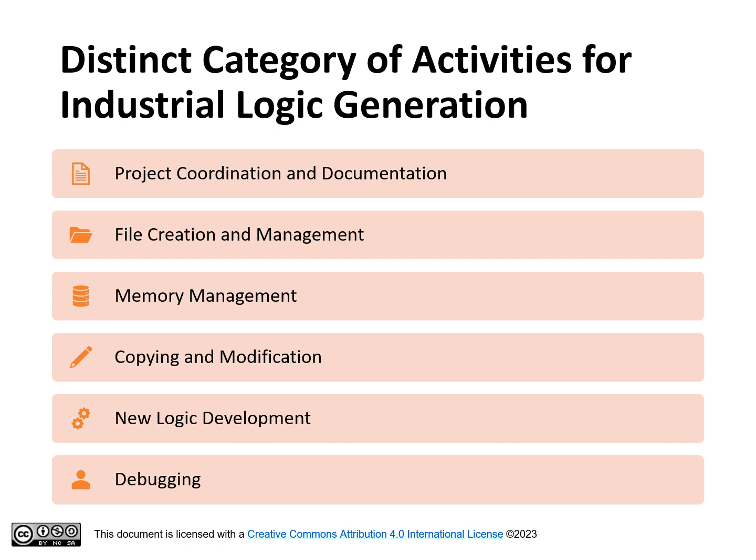Debugging. The debugging activity is second only to project coordination and documentation in time consumption during the entire industrial logic development. The process of this activity is to make sure that each of the logic control implementations performs as expected.